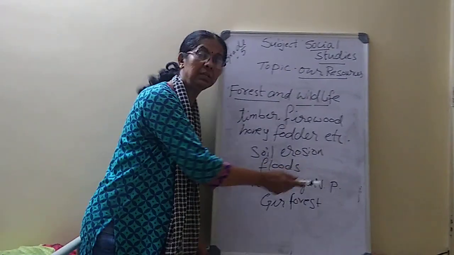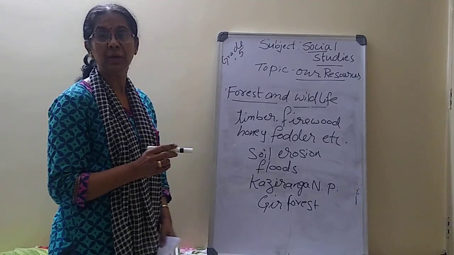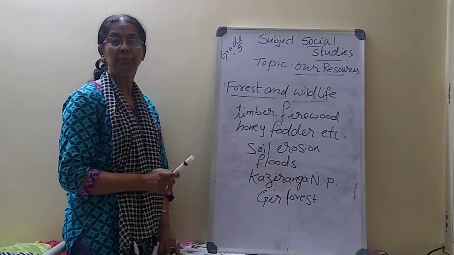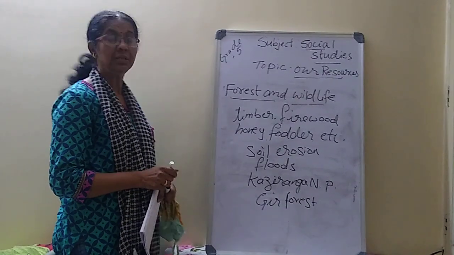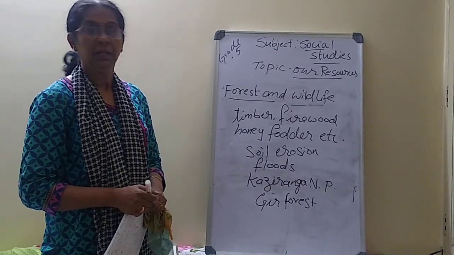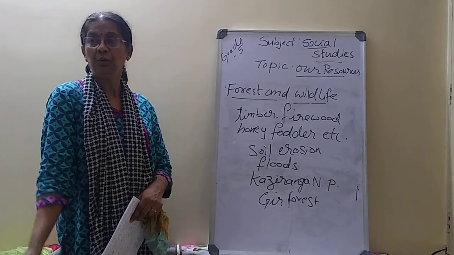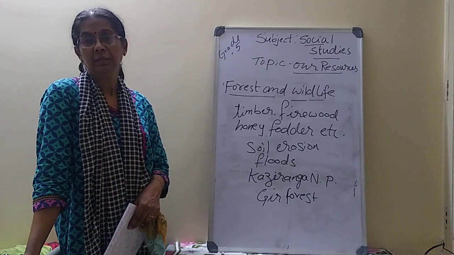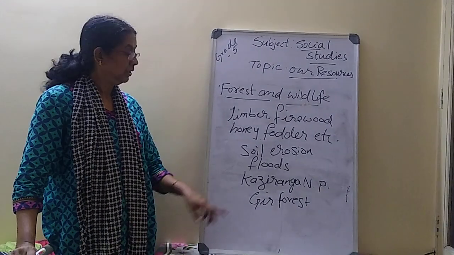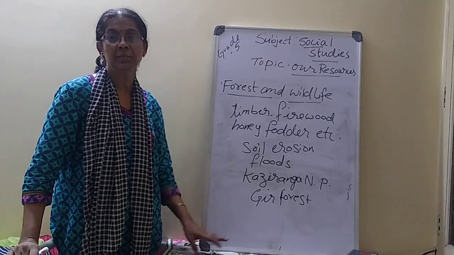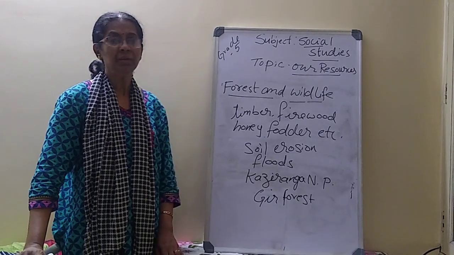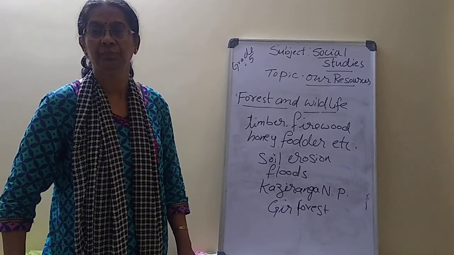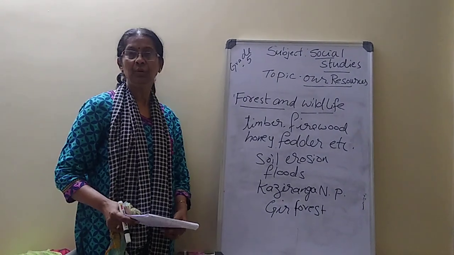In Kaziranga National Park, we can see the one-horned rhinoceros, children. And Gir Forest is the only place in India where you can see the Asiatic lion. And I hope that you all know that the Royal Bengal tiger is our national animal. Today many of our film actors are adopting these wild animals in zoos. I think you all know this.